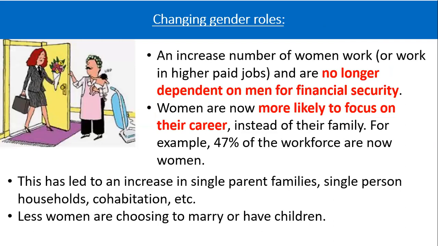Compare that to maybe 50 years ago, it would have been a lot less. Not just in terms of the amount, but also in terms of the type of jobs as well. This has led to an increase in single parent families, single person households, cohabitation, all sorts of different diverse family types. And also fewer women are choosing to marry or have children.